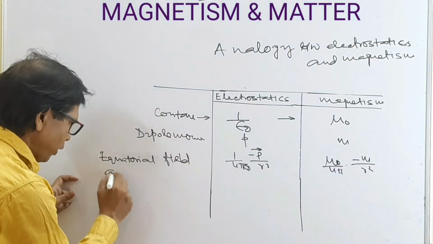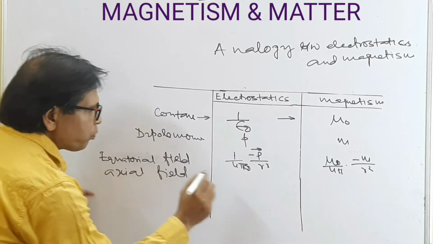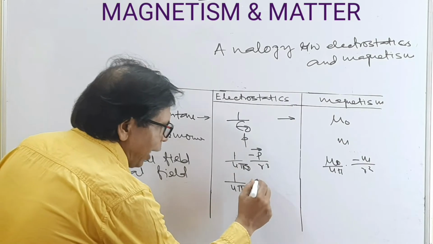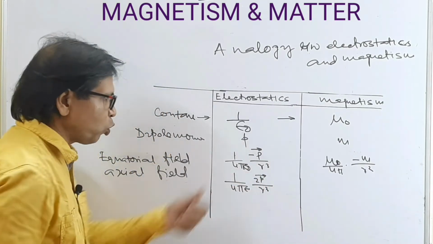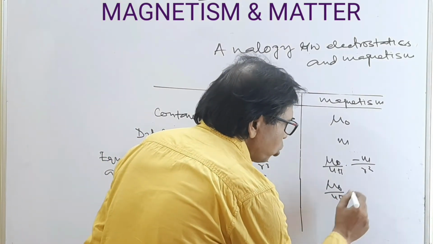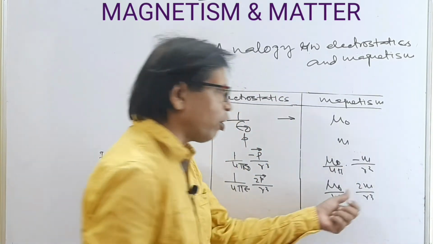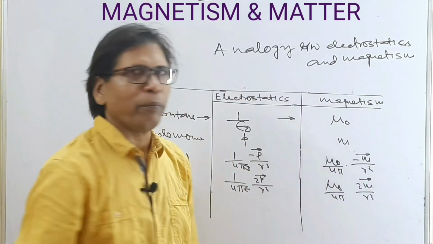Now axial field is equal to 1 by 4 pi epsilon naught, directed along the direction of dipole moment, and this field is twice the equatorial field. In the same way, this field is also twice this and is directed along the direction of the M vector.